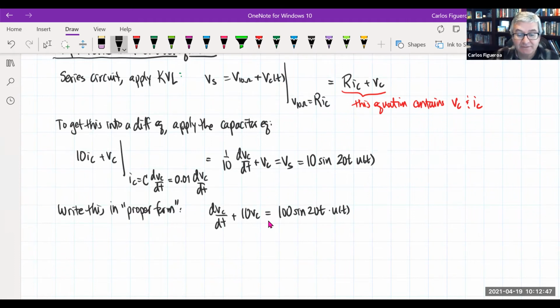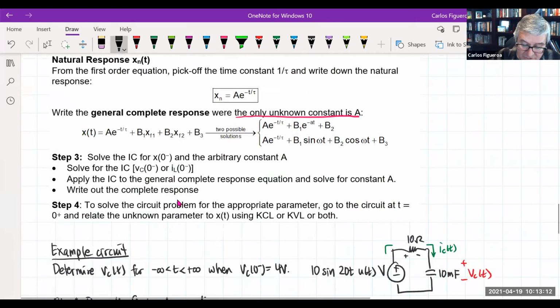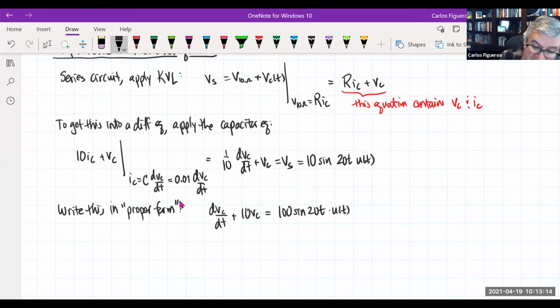So it looks like this. Look at the way the 10 is. We are not interested in what's right here. We want this in the form where the tau is in the denominator, not in the numerator. This is not in proper form.